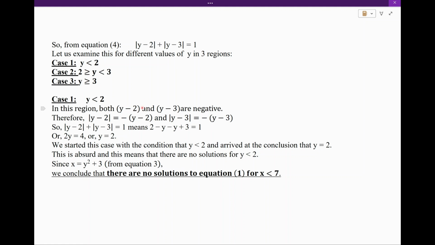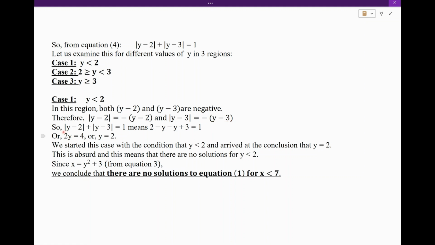Let us see what happens in case 1. In case 1, y is less than 2. So in this region, both y minus 2 and y minus 3 are negative. Therefore, the absolute value of y minus 2 is equal to negative of y minus 2, and the absolute value of y minus 3 is also equal to negative of y minus 3.